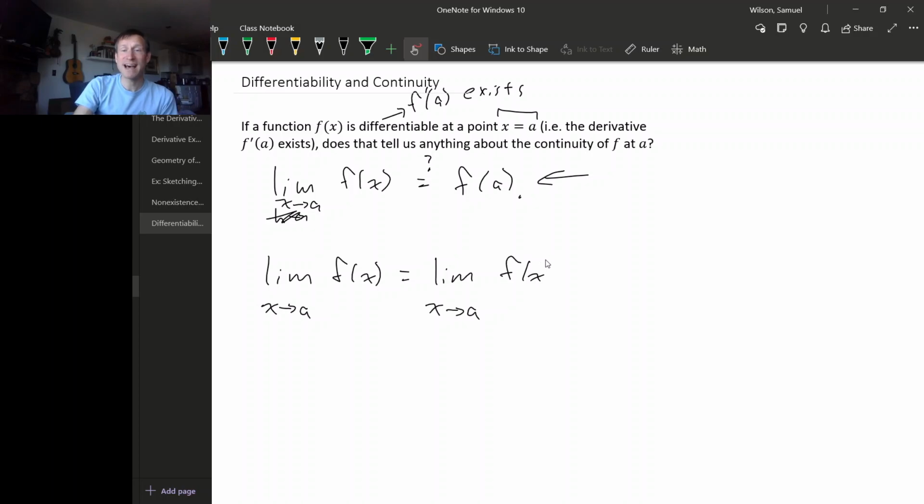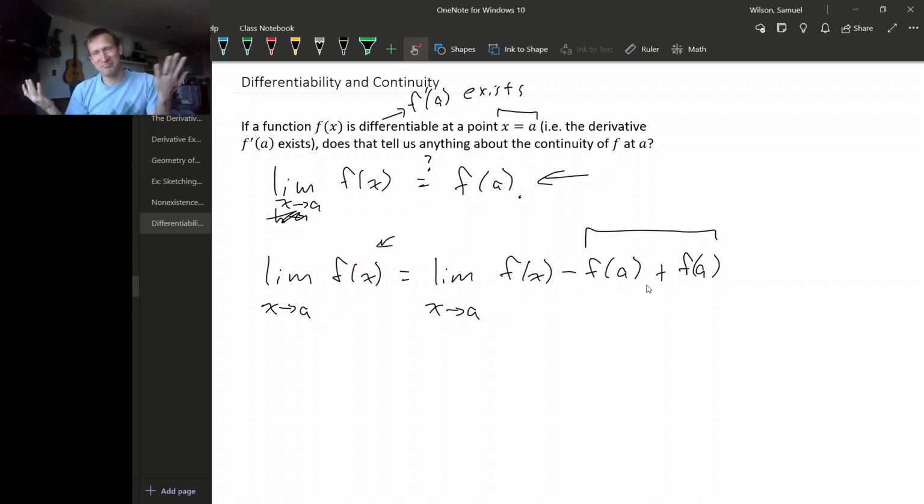The other way is to add and subtract f of a. So we could subtract f of a and add f of a, like this, right? Because we're intentionally unsimplifying what we started with, just so that we have some f of a to play with.